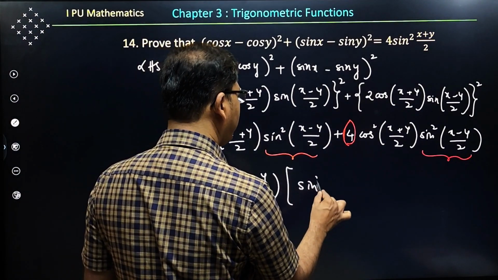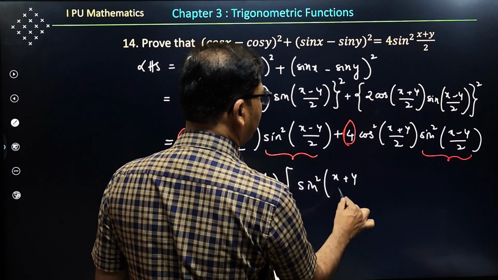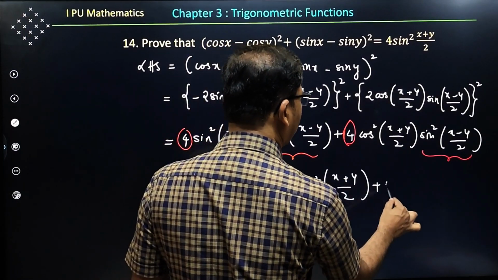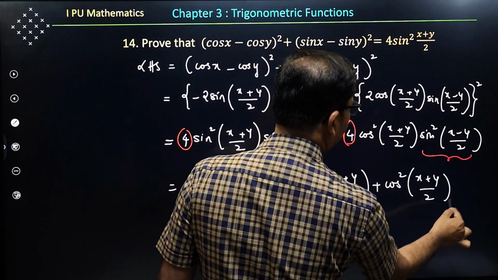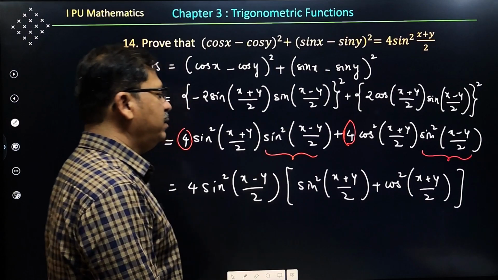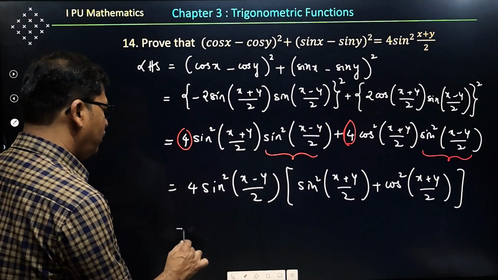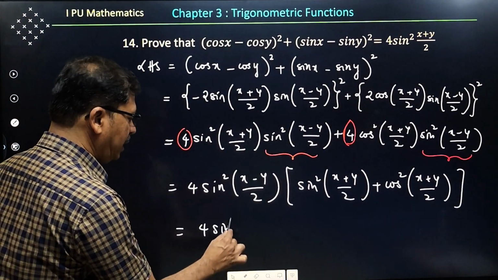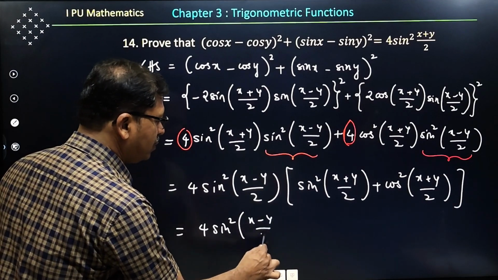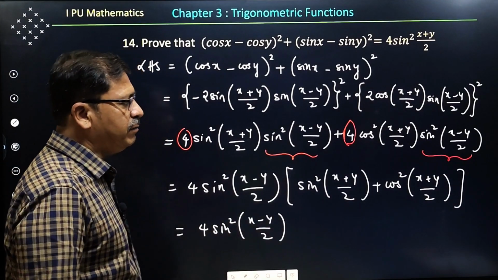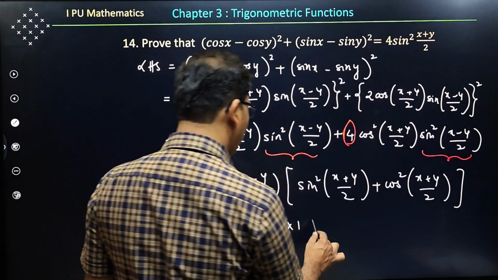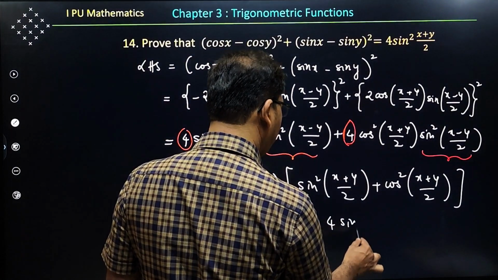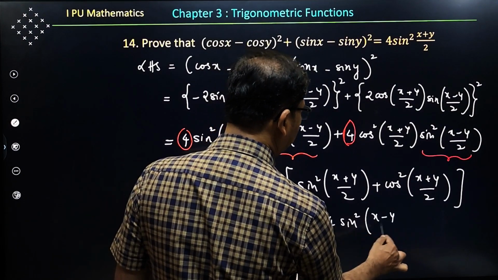Sine square of x plus y by 2 plus cos square of x plus y divided by 2. This is leading to what? 4 times sine square of x minus y by 2, and this is a standard identity, sine square theta plus cos square theta, which is equal to 1. So 4 into sine square of x minus y divided by 2.